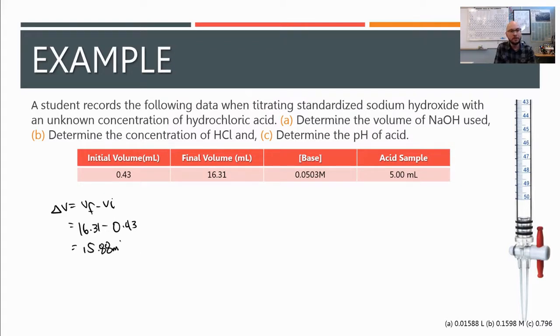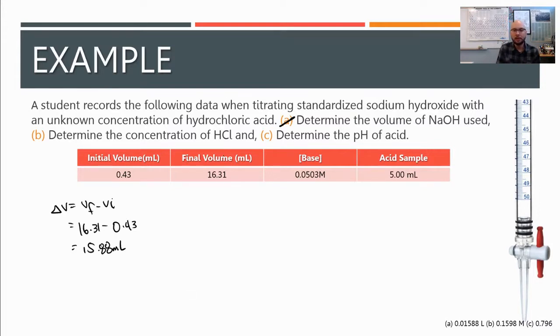So they used 15.88 milliliters, and that's our answer to question number 1. Okay, so these two numbers go together. There's our volume. It tells us the concentration of the base, and it tells us the volume of the acid that we used. Now, with all of that, we're going to be able to figure out the concentration of the HCl and eventually the pH of that using a calculation that we learned in topic number 5.